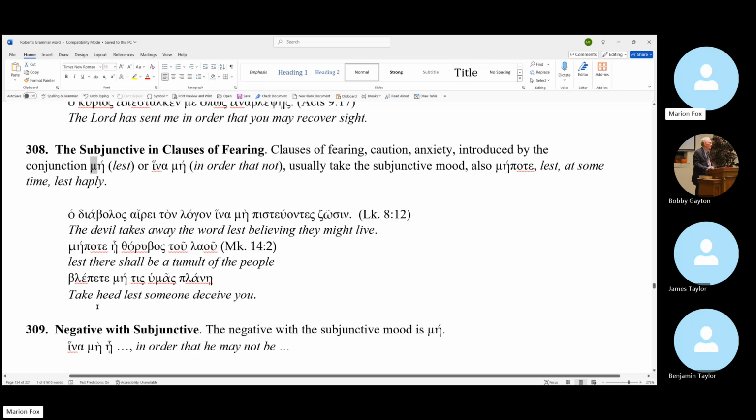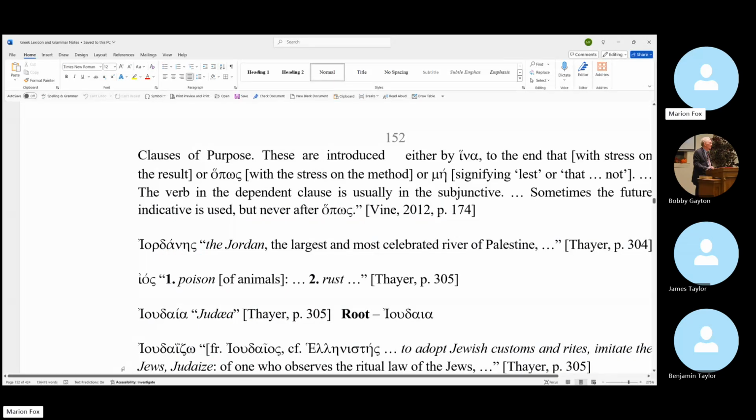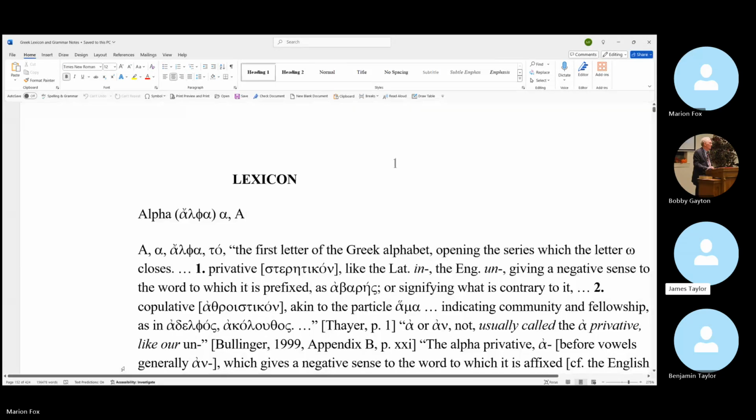Let's go over and look at the meaning of blepo right quick. All right, can you see the lexicon file? Yes, sir.